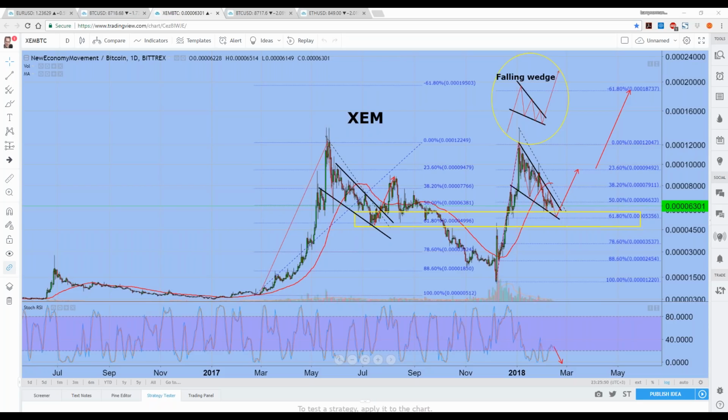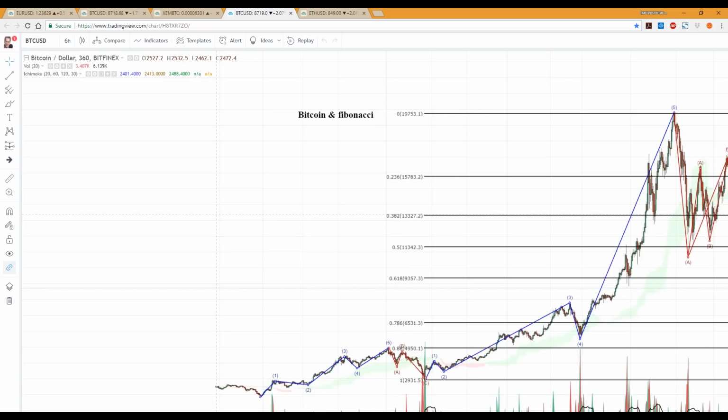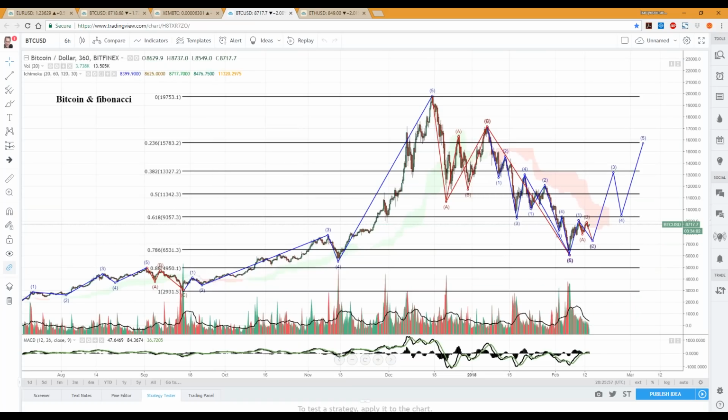Here we have another chart of Bitcoin using a much simpler strategy. And here we can see the retracement levels from the prior uptrend. Fibonacci retracements are dropped on the chart.